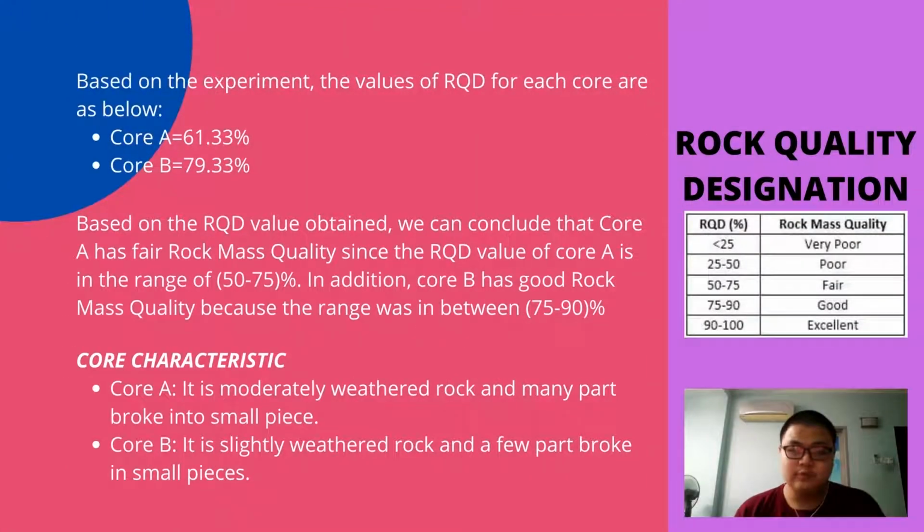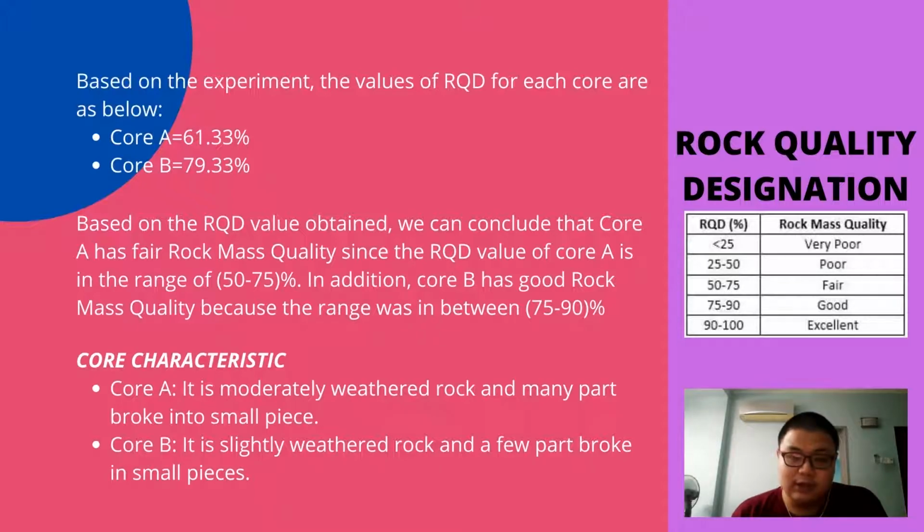Okay. Next, we will move on to the discussion part for experiment 1. Based on the experiment, the values of RQD for each core are as below. Core A is 61.33% and core B is 79.33%. By using these values, we can determine their rock quality based on the rock quality designation table on the right side.